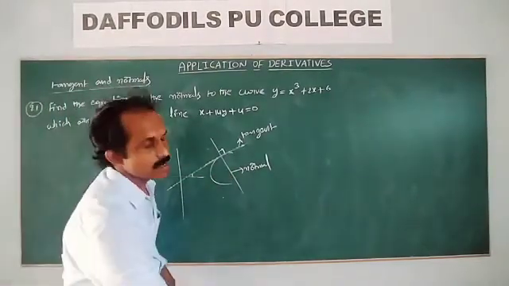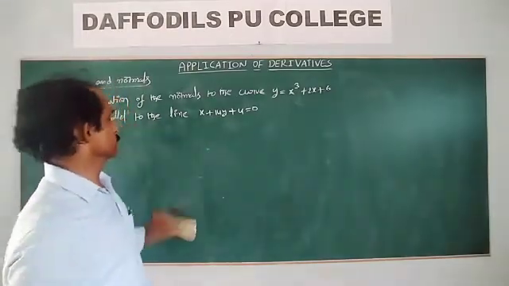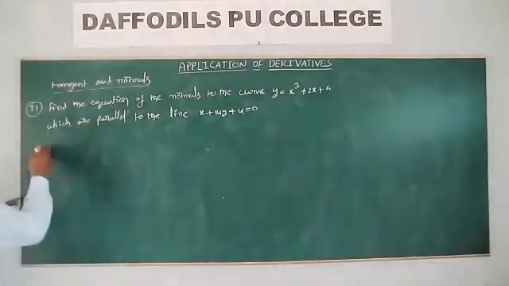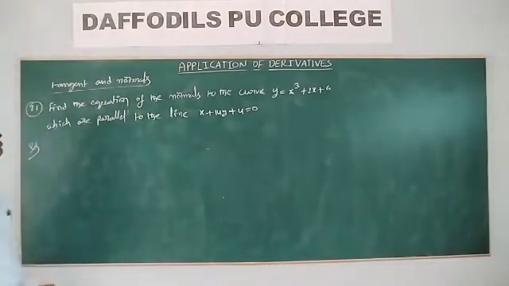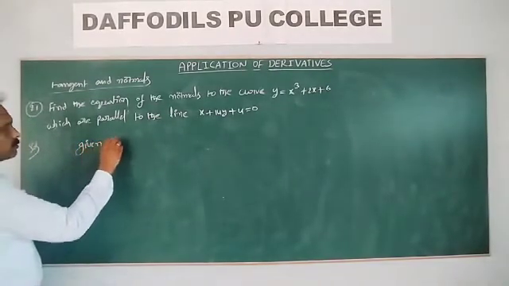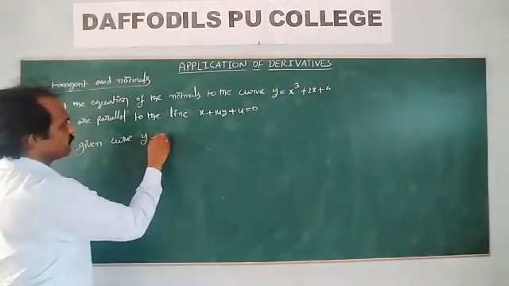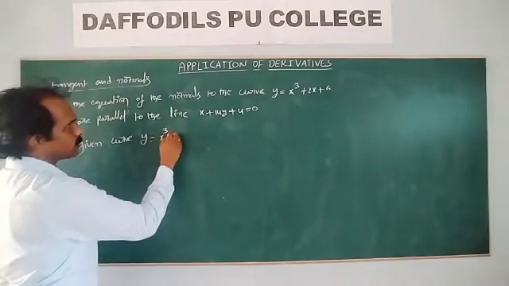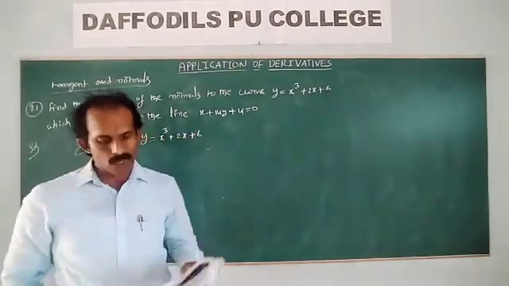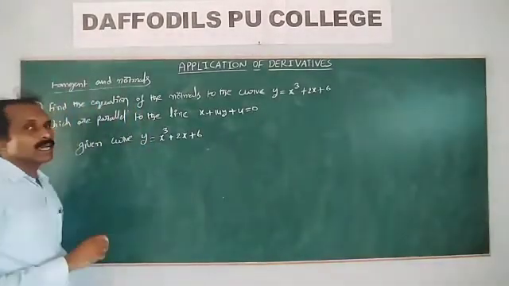Minus 1 by m1, minus 1 by the slope of the tangent. Given curve: y is equal to x cube plus 2x plus 6. Right. This is the given curve.